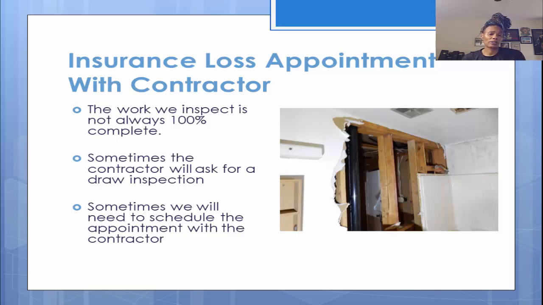Contractors will ask for a draw inspection. And what did I say a draw inspection is? It's basically an insurance loss appointment. Again, they want us to come out to photograph the progress of repairs, and that's the reason the contractor asks for these, because they want to get paid a portion of their money for the work they've already performed.